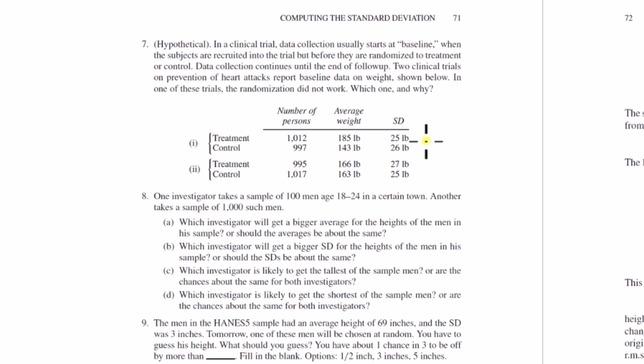I guess the way you could look at it is potentially if the treatment group and the control group had different average weights, but they had different standard deviations, maybe you could say that because of the difference in standard deviations, you could ignore this potential confounding variable.